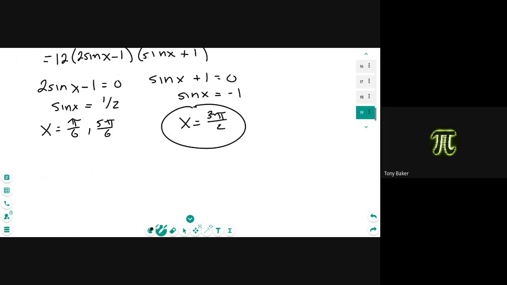What was the original problem? 6 cosine squared x minus 12 sine x.